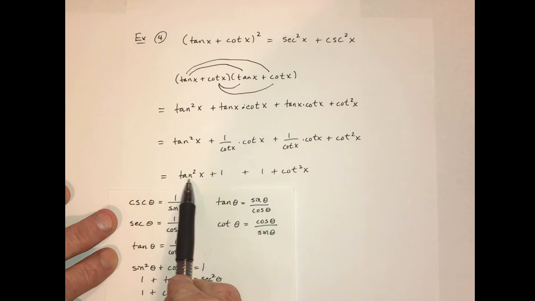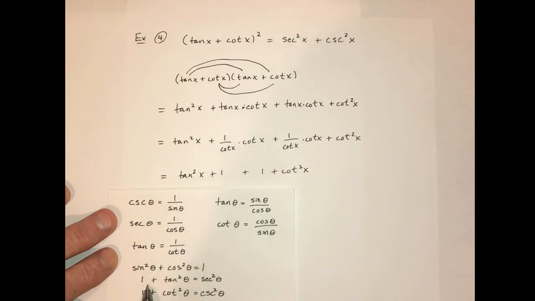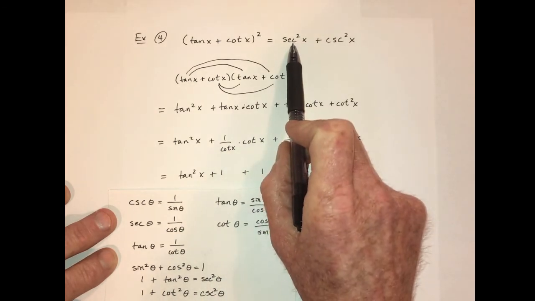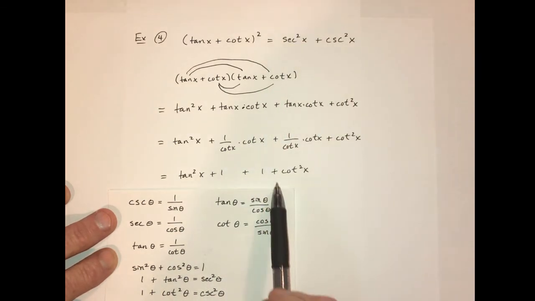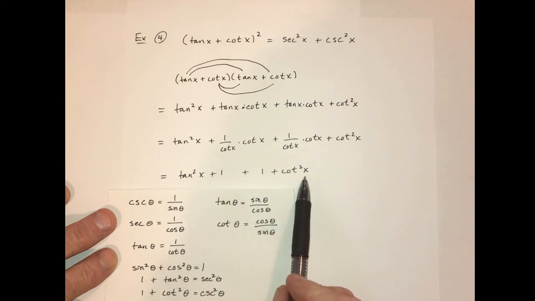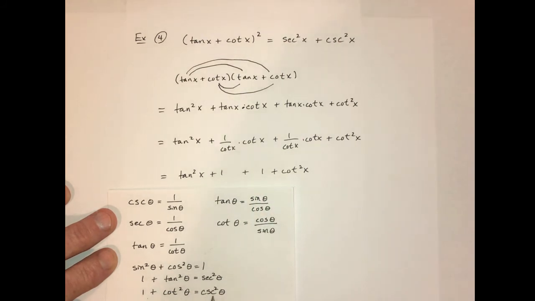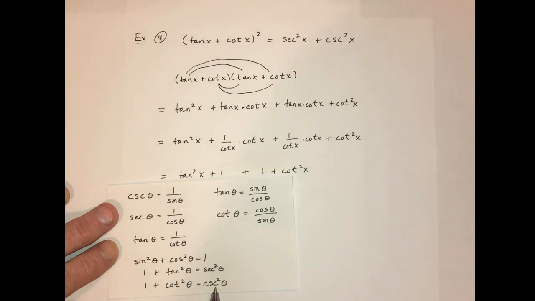So tangent squared plus 1, that's this one. 1 plus tangent squared equals secant squared. And I'm supposed to have secant squared, so that's good news. And then 1 plus cotangent squared, that's this one down here, so that's equal to cosecant squared.